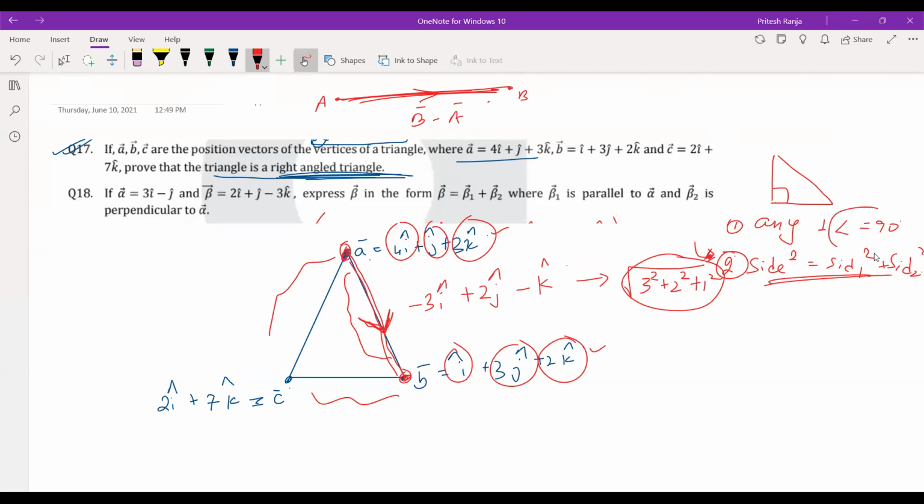And then for the angle, that is very simple. Take any two vectors, take the dot. If the dot product comes out to be 0, that means the angle between them is 90 degrees. So everyone will check.